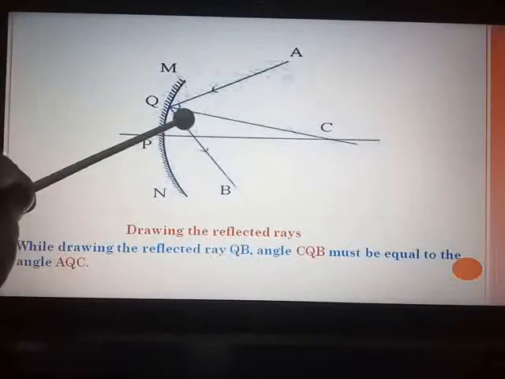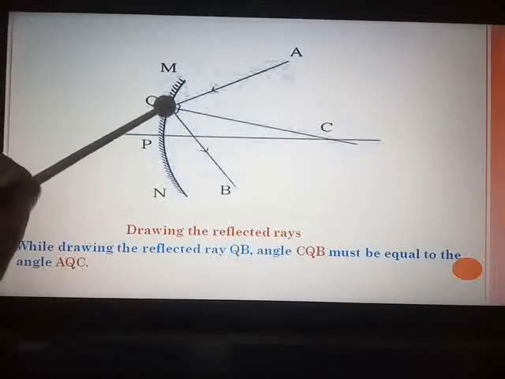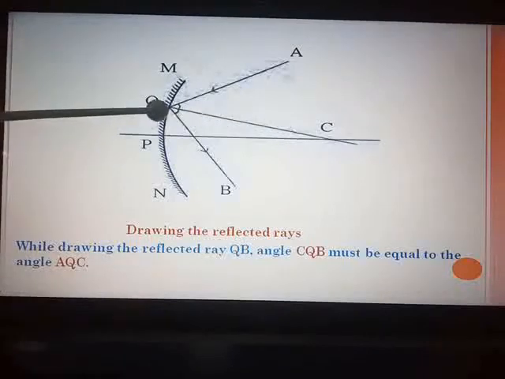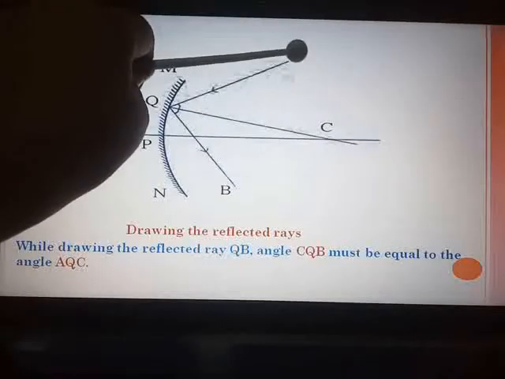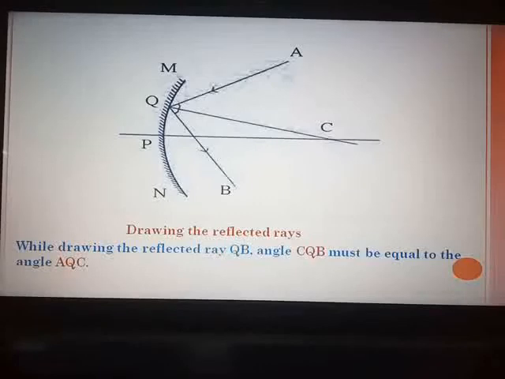CQ is a radius and therefore is perpendicular to the mirror at point Q, and thus you can say that angle AQC is the angle of incidence. According to the laws of reflection, which you have studied in the earlier standards, angle of incidence and angle of reflection must be of the same measure.